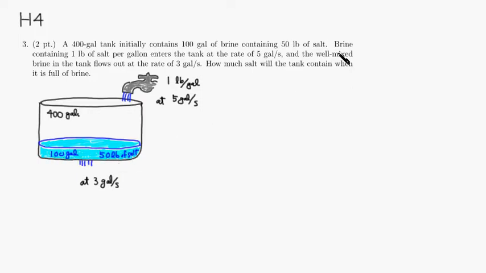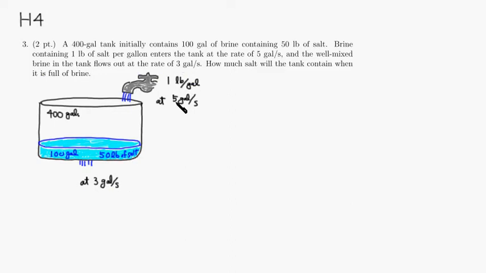All right. Then brine containing 1 pound of salt per gallon enters at the rate of 5 gallons per second. So that's what's going in. And well-mixed brine in the tank flows out at the rate of 3 gallons per second.